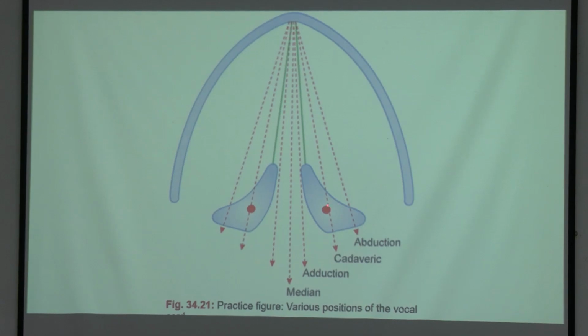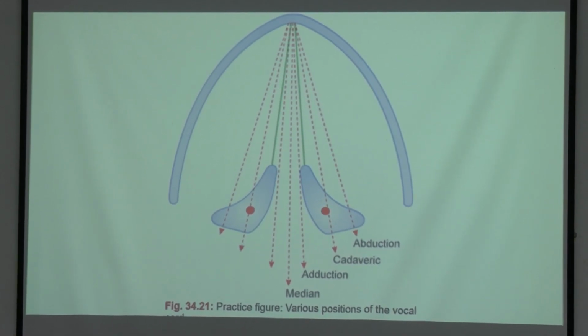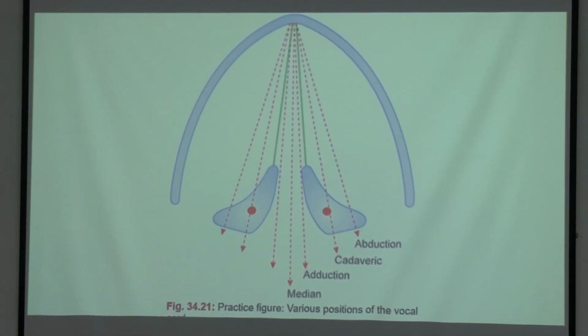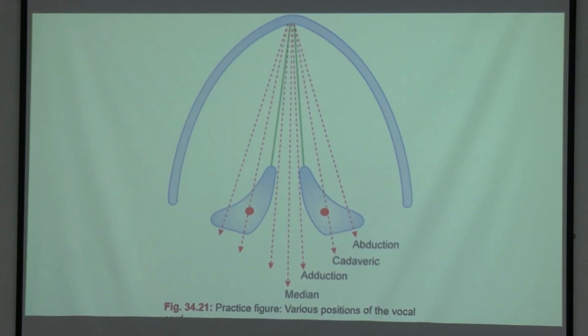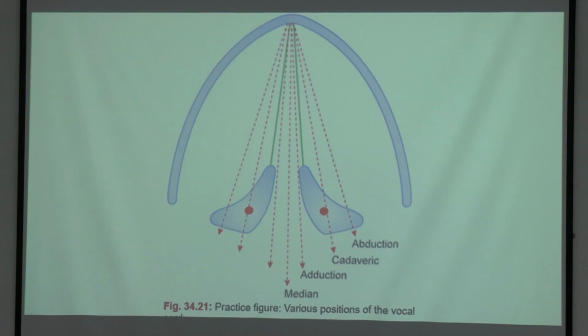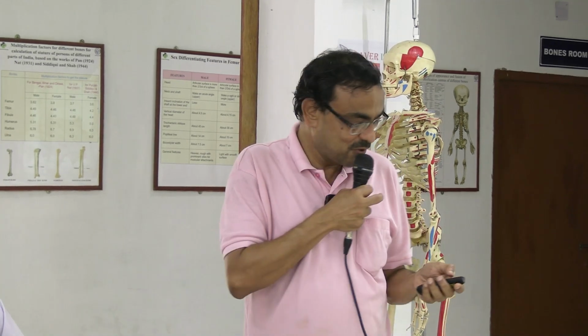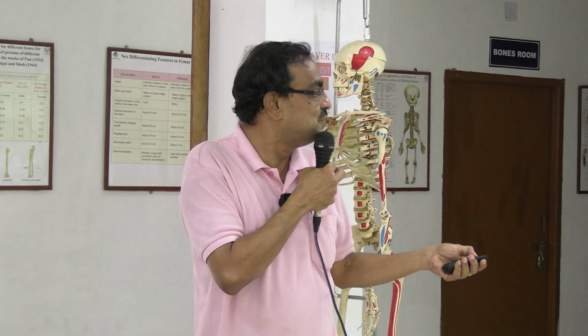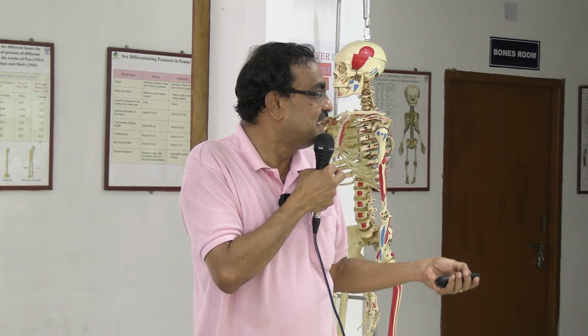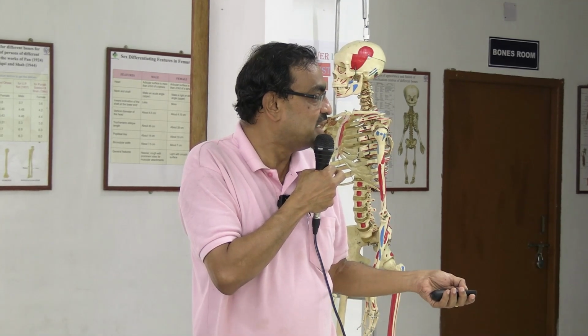When both recurrent and superior laryngeal nerves are affected, like in the cadaver, is there any supply? Both the superior laryngeal and recurrent laryngeal are inactive. So the position of the vocal fold will be like this. It is called the cadaveric position.